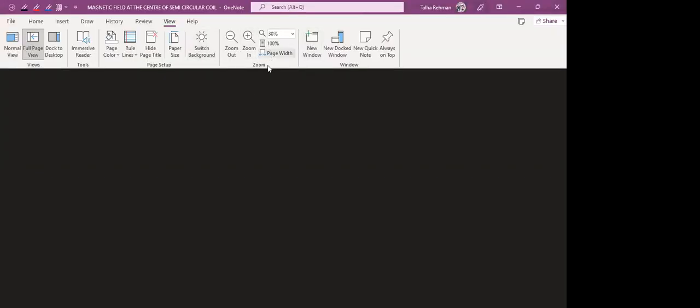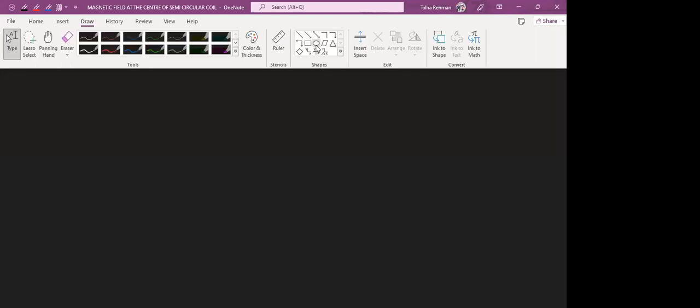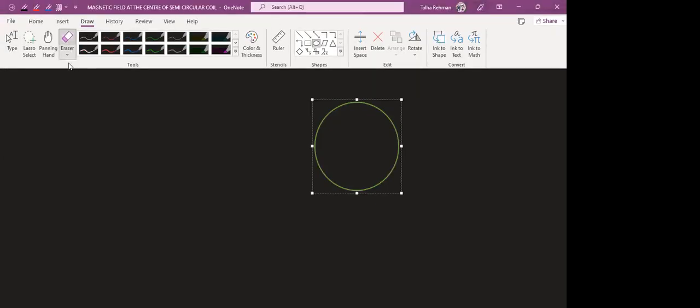So here, I am taking a circle, and I will convert this circle into a semicircle. So this is the semicircle.